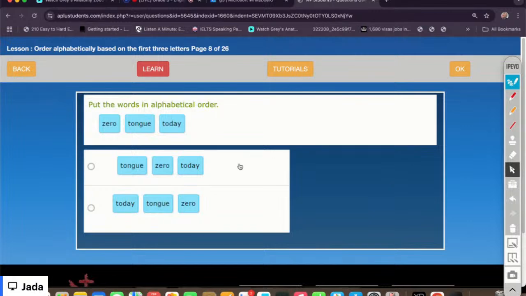All right, so this is option two also because the T comes first.